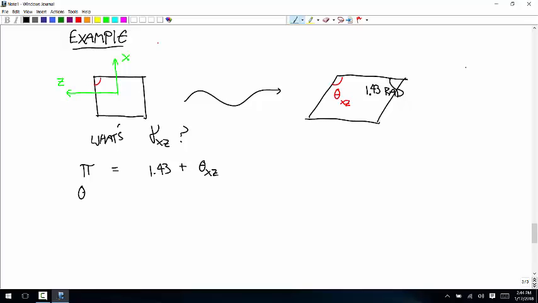And so theta xz is equal to 1.71. And so gamma xz is equal to pi over 2 minus 1.71, which is negative 0.1392.